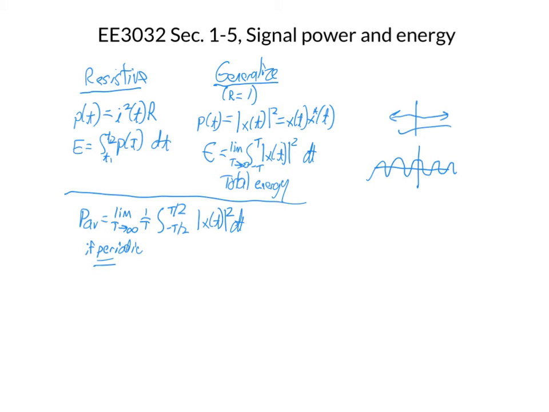So if I look at this average power, let's take a look at what's happening with this sinusoid over here. If I take the average power as T approaches infinity, and I'm going over wider and wider intervals, here I get out to 1 cycle of the cosine.